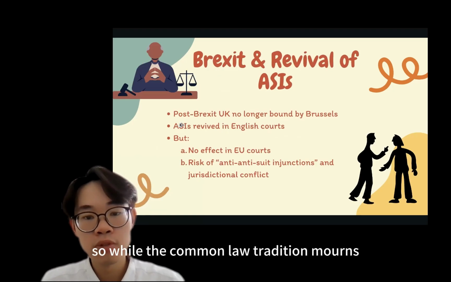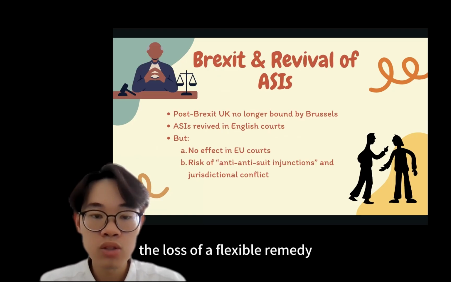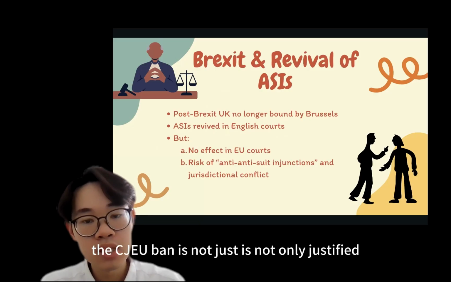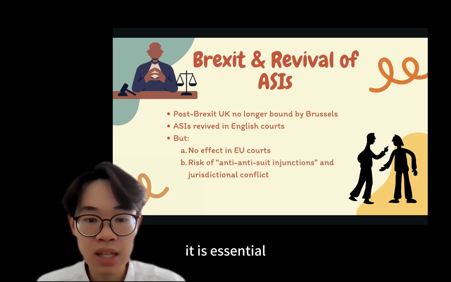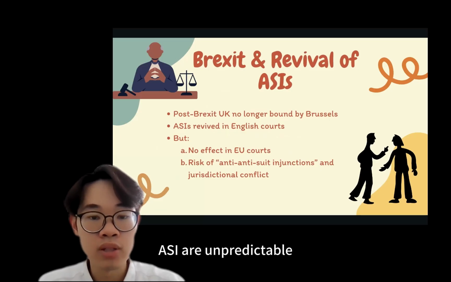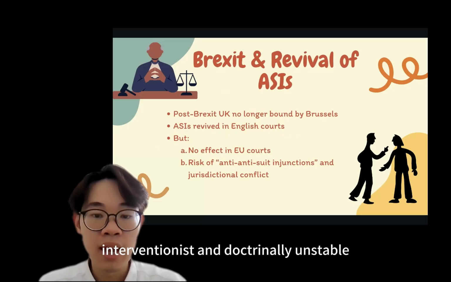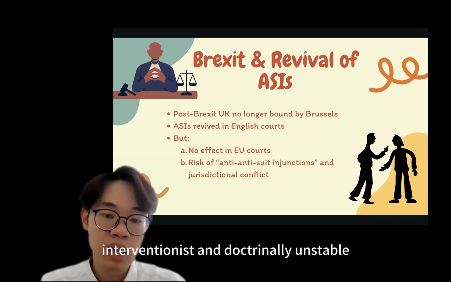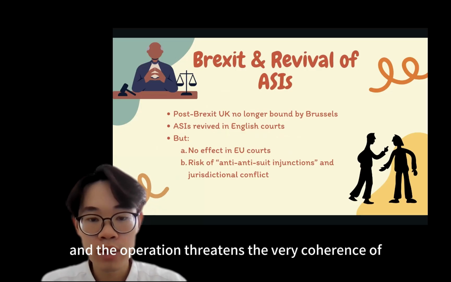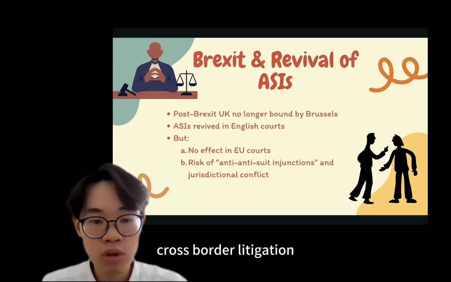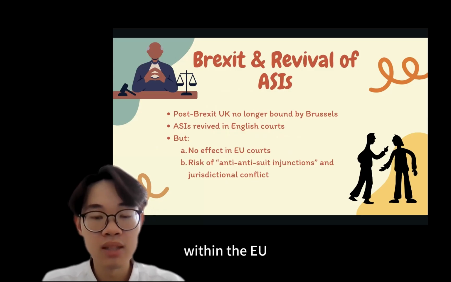So while the common law tradition mourns the loss of a flexible remedy, the CJEU ban is not only justified, it is essential. ASIs are unpredictable, interventionist, and doctrinally unstable. Their elasticity invites abuse, and their operation threatens the very coherence of cross-border litigation within the EU.